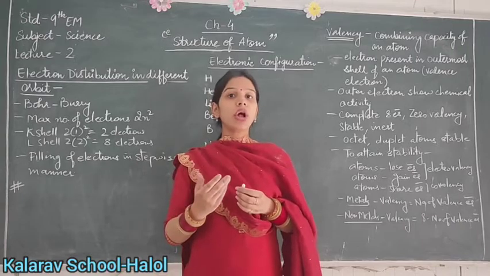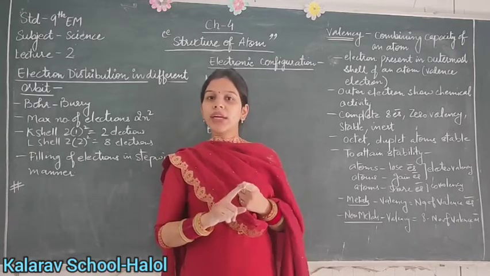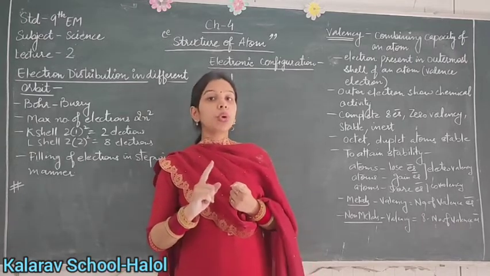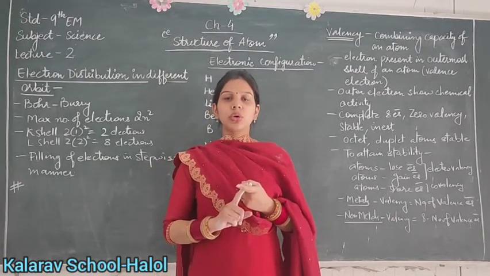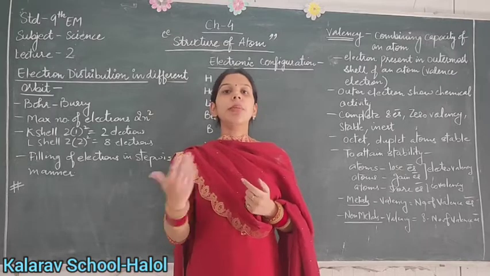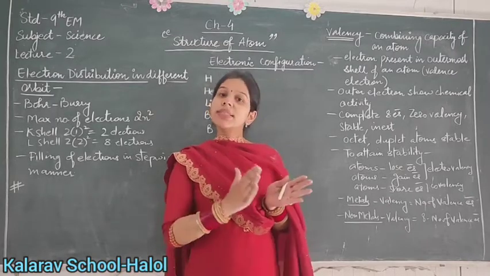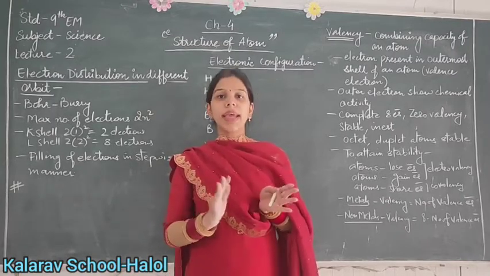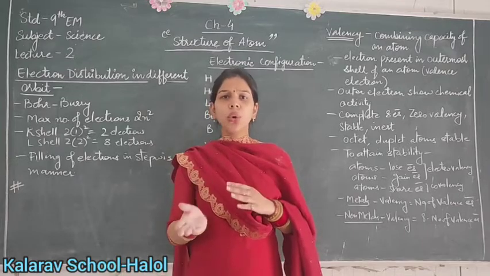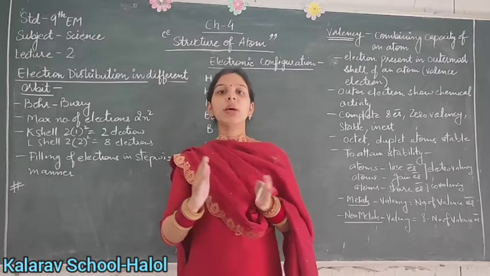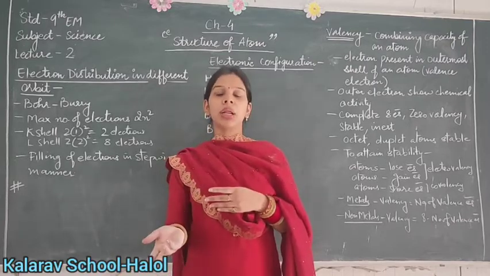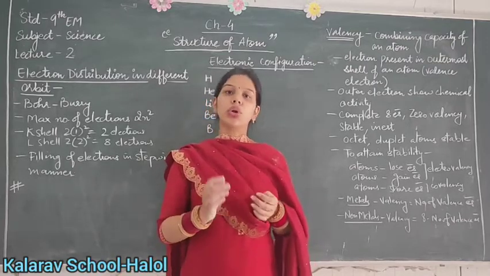So the answer is that the atomic number is 8. Is that atom or element carrying any charge? No, because the number of protons and the number of electrons are the same. So that's why the atom is neutral.